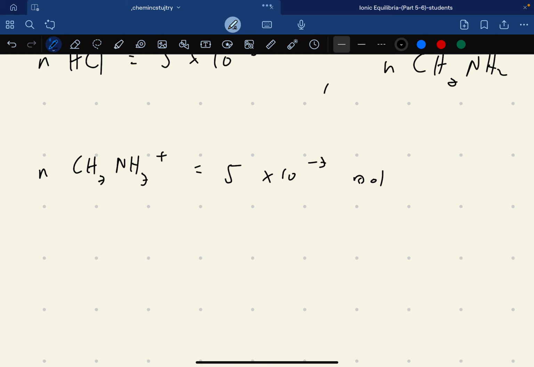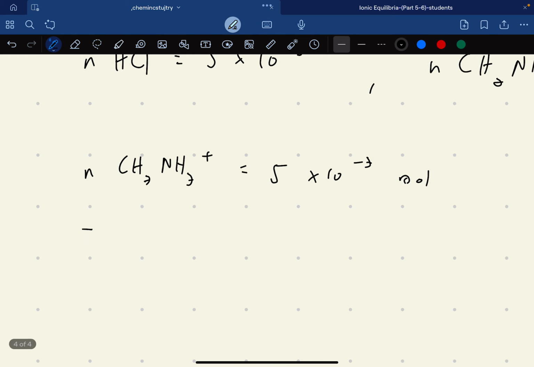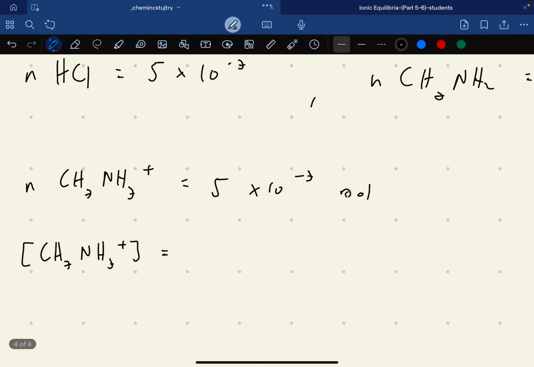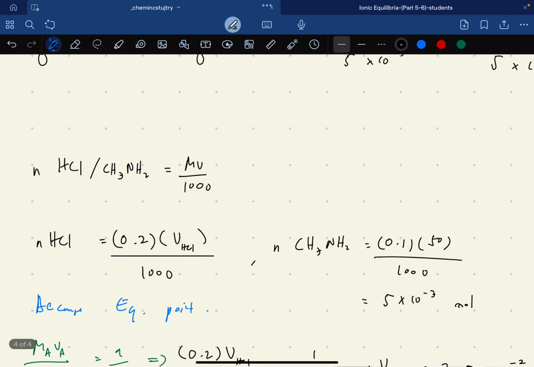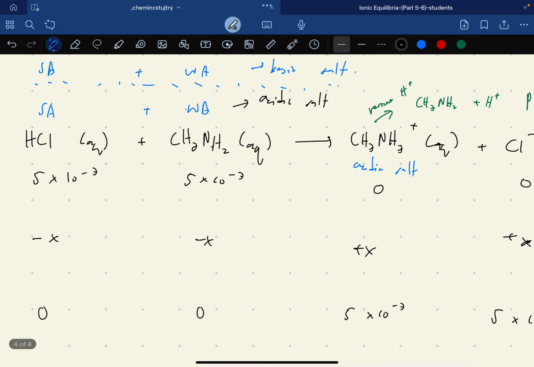How are you going to find the concentration? We have to take the mole, divide by the volume, right? We know the mole, which is 5 times 10 to the power negative 3. Volume, but which volume? Total volume. So the total of everything, so HCl and CH3NH2.